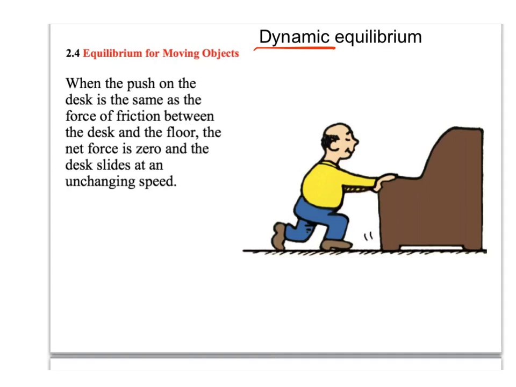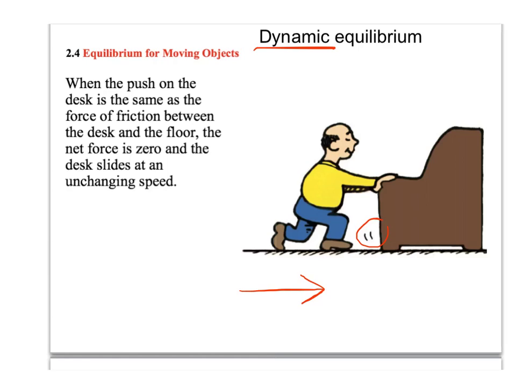Here's what is meant by that. Here's a dude pushing a desk across the floor while doing what appears to be lunges at the same time. These lines here are to imply that the desk is moving. So he is applying a force this direction. The desk is moving in that direction, but it is not changing speed. It is going at a constant speed.